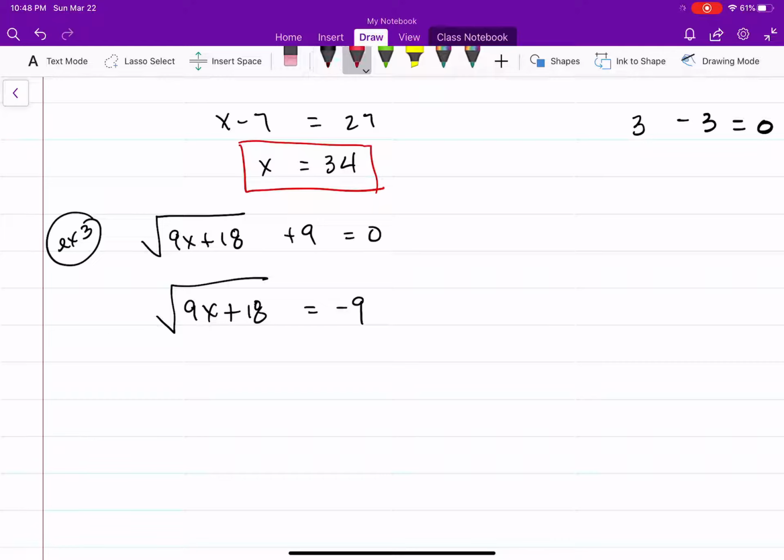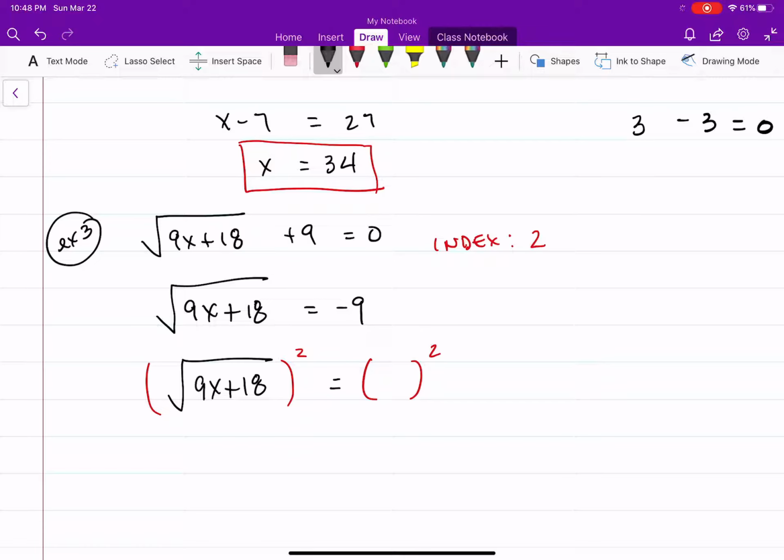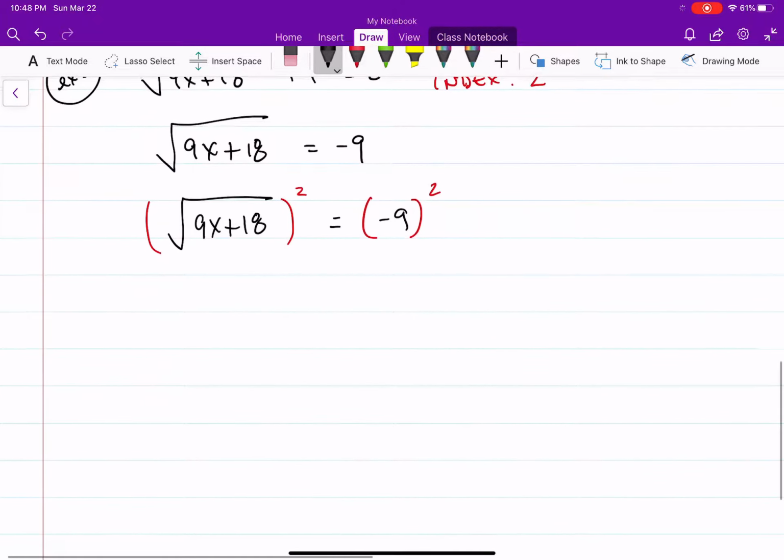My index is a 2 because it's a square root. So I need to raise this side and this side to the second power. This side is going to be the square root of 9x plus 18, and this side is going to be the negative 9.